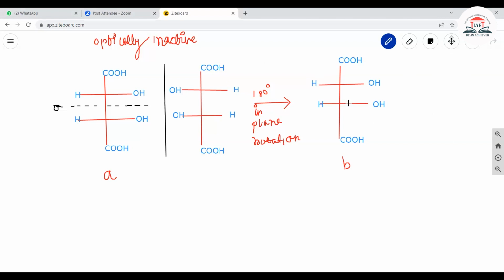So wait, let me show you. Actually, let me complete this part, then I'll show you. Okay, anyway. So actually, we used to get zoom in, zoomed out. I don't understand what is happening.